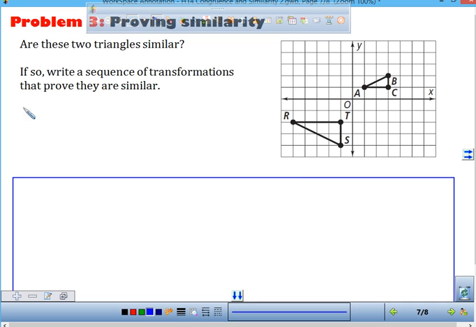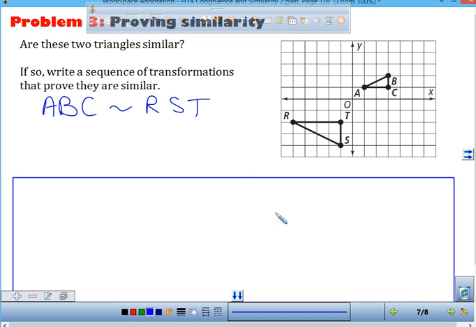So I'm going to say ABC is similar to, okay, which point is corresponding to A? R. Which point corresponds to B? S. And then C corresponds to T.